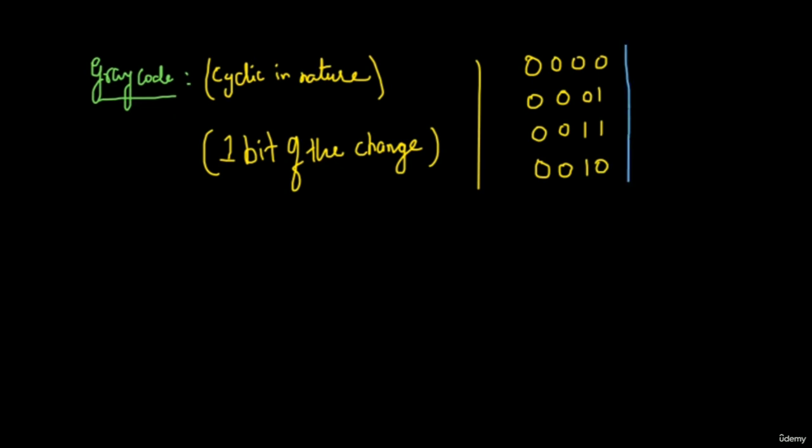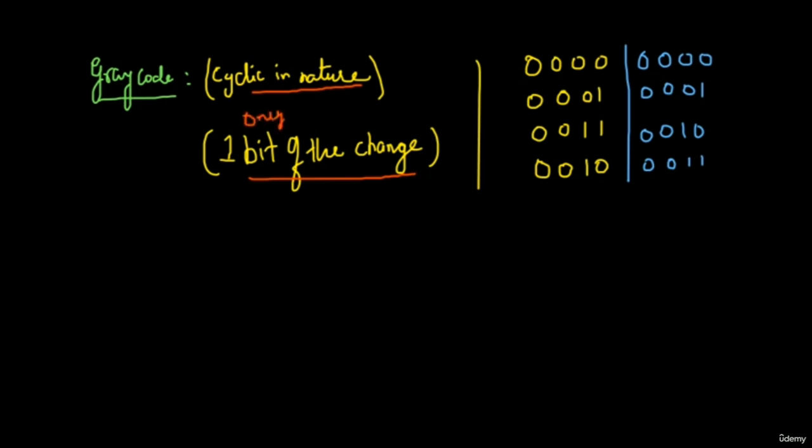In the binary form, when we needed to write, what do we actually write? 0000, 0001, 0010 and 0011. Now on comparison, you can see that we need to maintain two things: cyclic nature and only one bit of change in every next term.